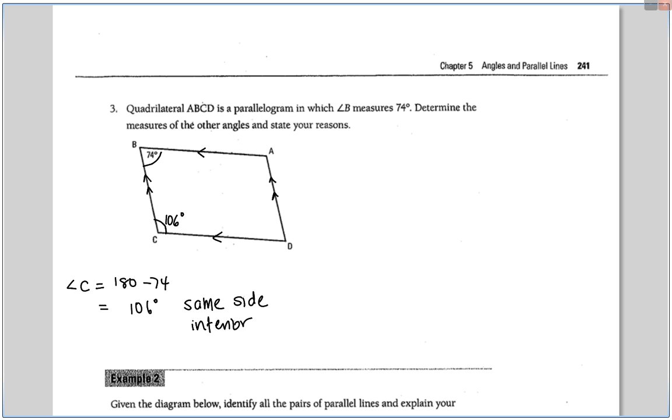Okay, so sometimes in order to see that, you need to extend the line. So there's the transversal. CB is the transversal of these parallel lines. And because of symmetry, this is also 74 and this is 106. They have to be.